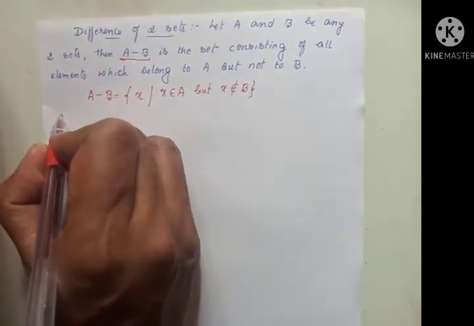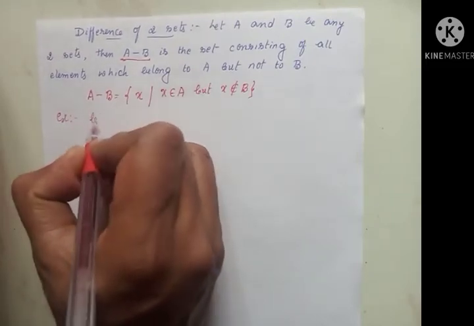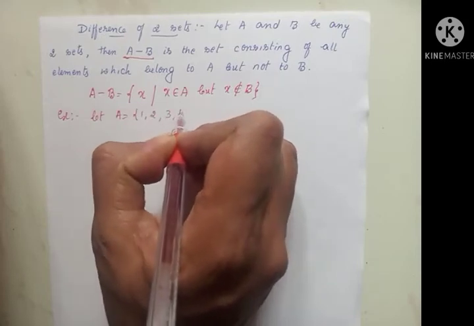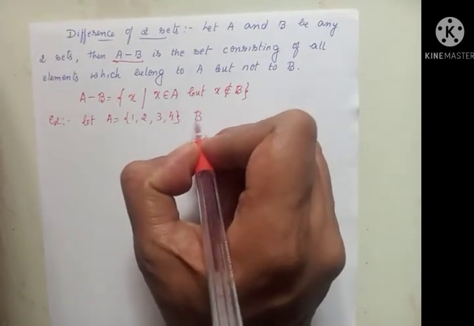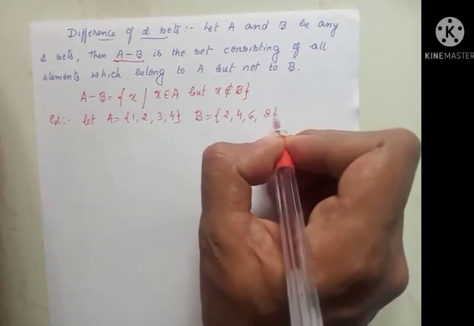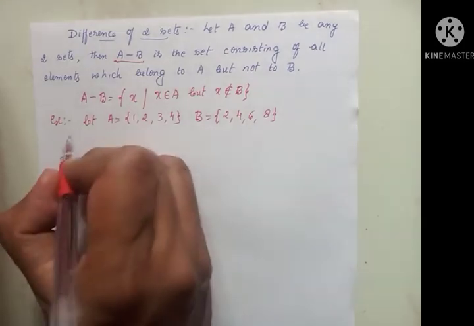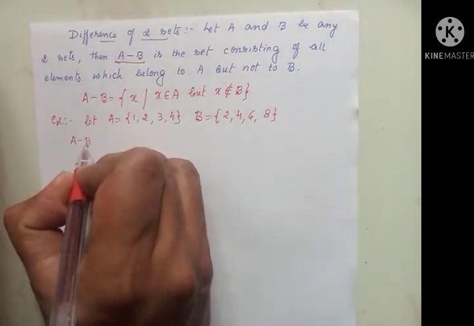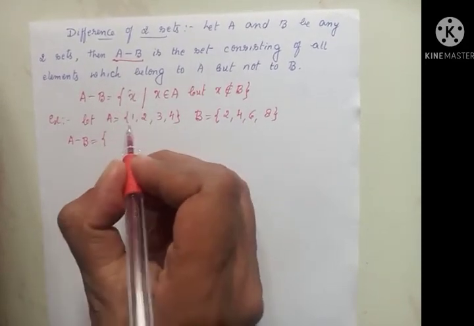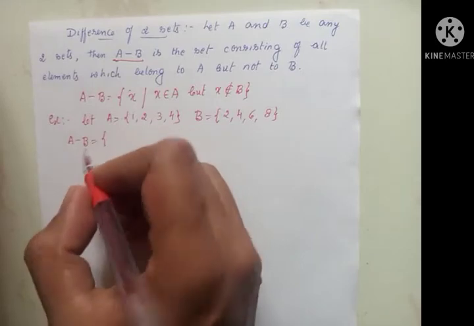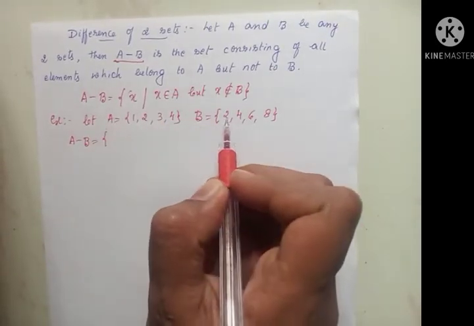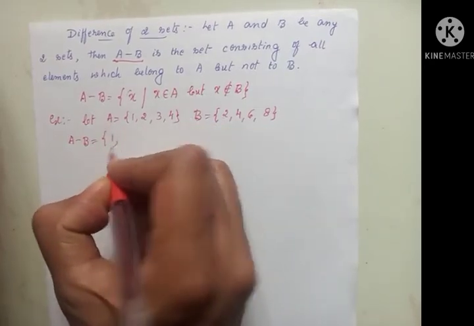So this will be clear if I take one example. Let A equal 1, 2, 3, 4 and B equal 2, 4, 6, 8. Now I have to write A minus B. You have to collect all x such that x belongs to A but does not belong to B. So 1 is not in B, so I can write 1.